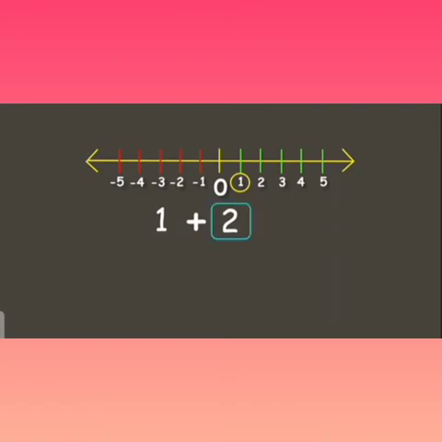Since this is positive, we are going to move 2 times to the right in the number line. So we have 1, 2, and that is 3. Good job. Therefore, our answer is 3. It means that positive 1 plus positive 2 equals positive 3.